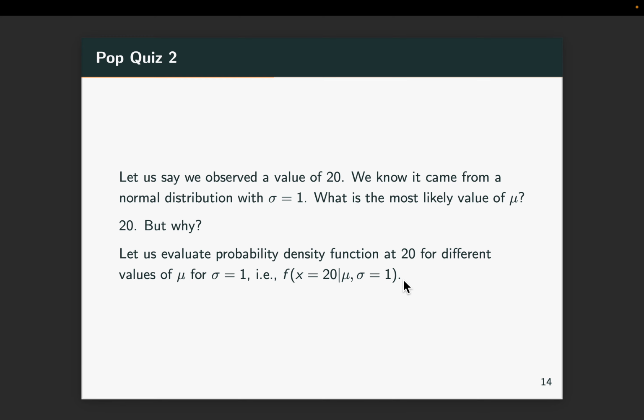Sigma is fixed. For now, let's assume sigma to be fixed. This is a function of mu. I want people to get clarity on this, because generally when we think about PDFs, we think about the input variable x. Here, this particular quantity which we are trying to maximize is a function of mu. We are trying to find out a mu which maximizes this probability.